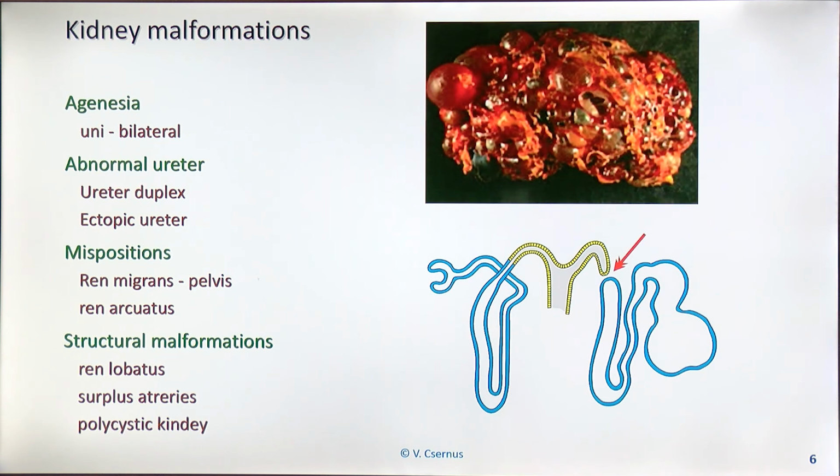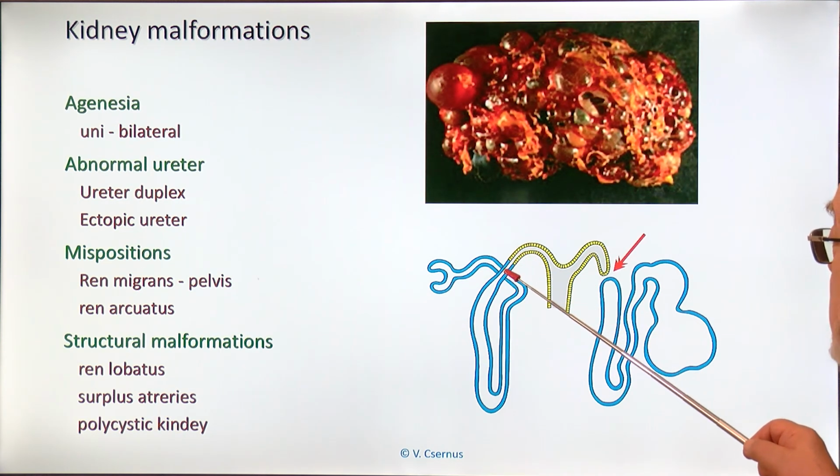The only really problematic one, and this is the main reason why we study the development of the kidney, is the so-called polycystic kidney. As I mentioned, the most crucial step of kidney development is that these two tubes, which develop from two different tissue masses, the metanephrogenic blastema, the renal vesicle, and the Wolffian tube, the ureteric bud, must meet each other.